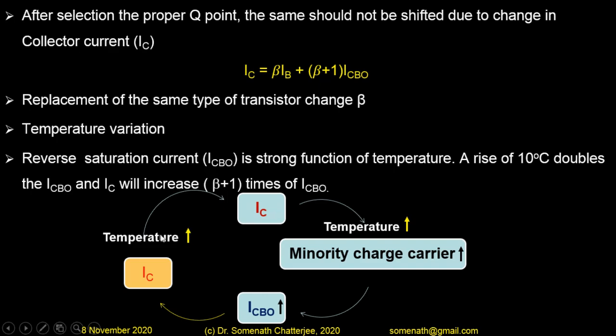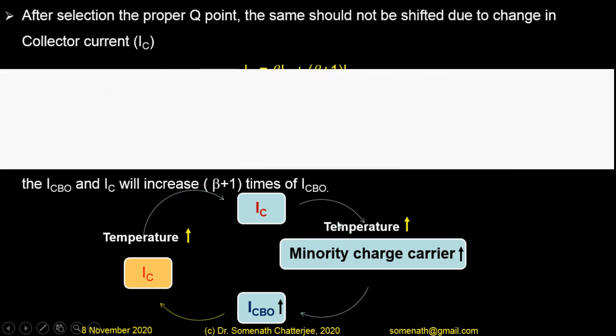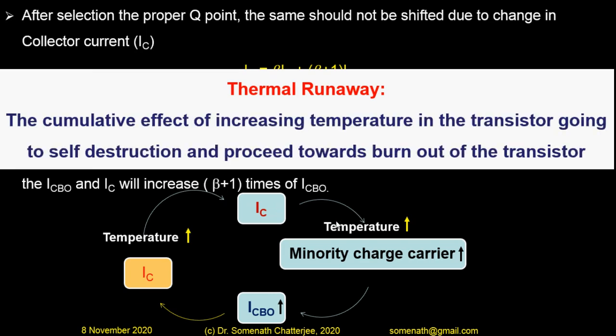The temperature effect is cumulative, and it is called thermal runaway. Thermal runaway means the temperature of the transistor will increase in an uncontrolled way, because it is a kind of loop that we already discussed in these slides.